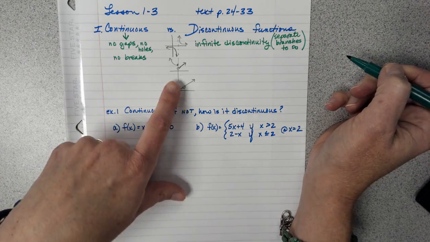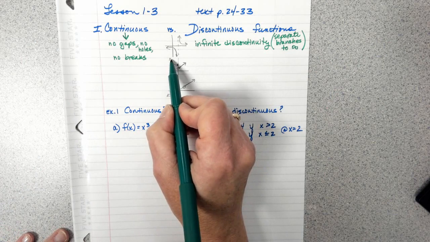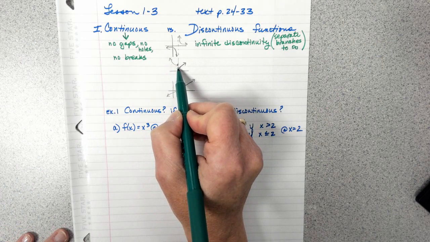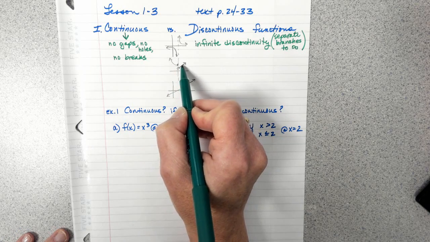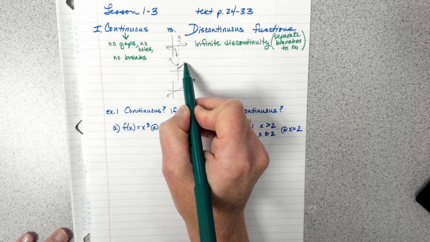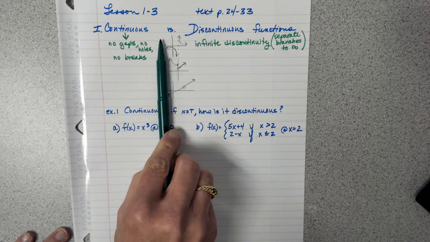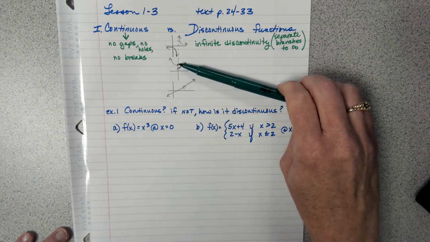Okay? This type of a graph, you're going along here, you're coming in, and you exist, but then you jump down here. You don't go any further past that axis, but you jump down here and you go further from that point. So what's happening is the function is existing at every point, but it's jumped right here.